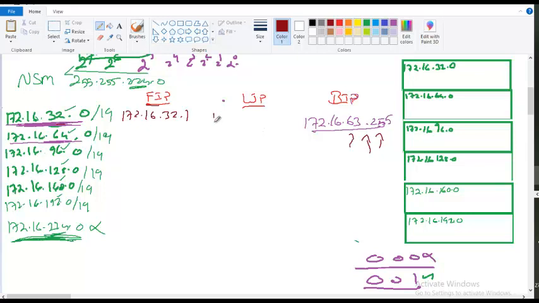So 172.16.63.254. 1 less than this number, 1 less than the broadcast address. See, you got a lot of hosts here. In 32 you have up to 255. 33 you have another 255. 34 you have another 255. 36 you have another. Likewise, you go up to 63.